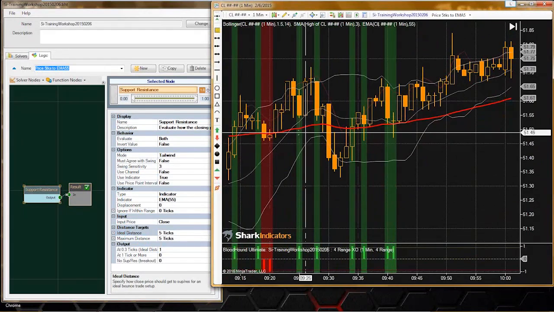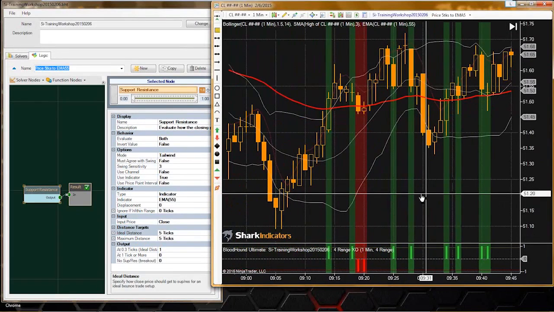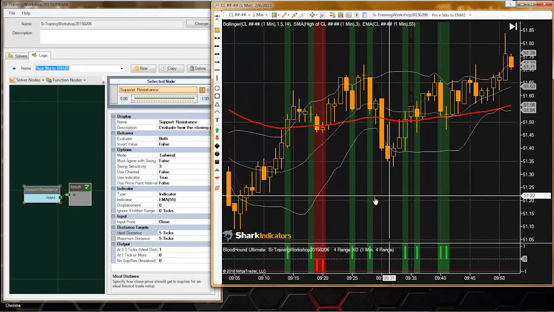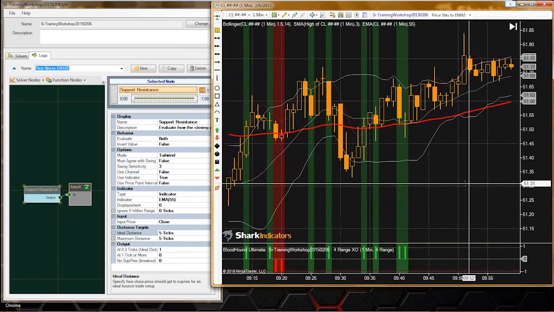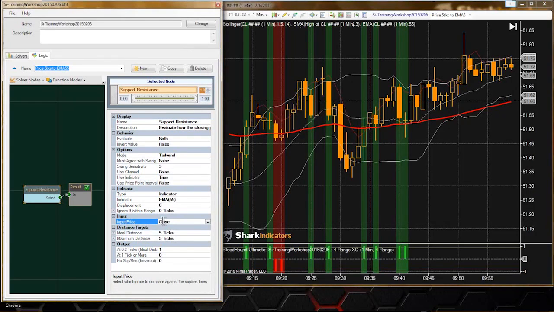So we can see whenever the closing price is within 5 ticks. Also, this isn't totally new. This was actually added a couple of updates ago, but you can now actually select the input price that you want to analyze.